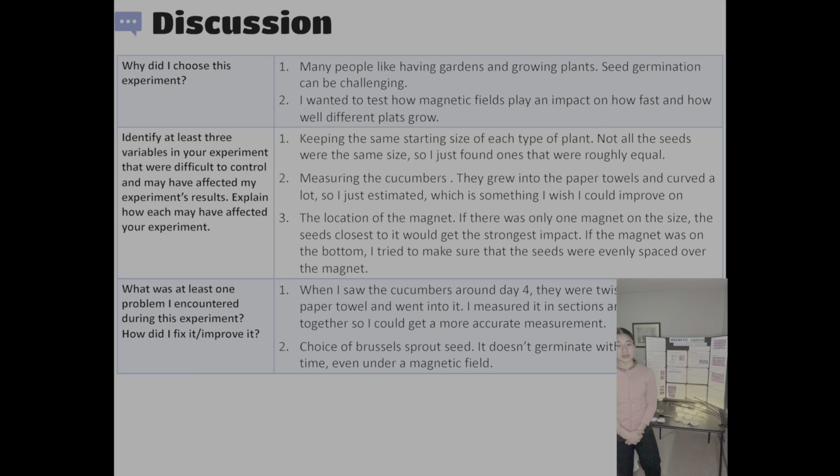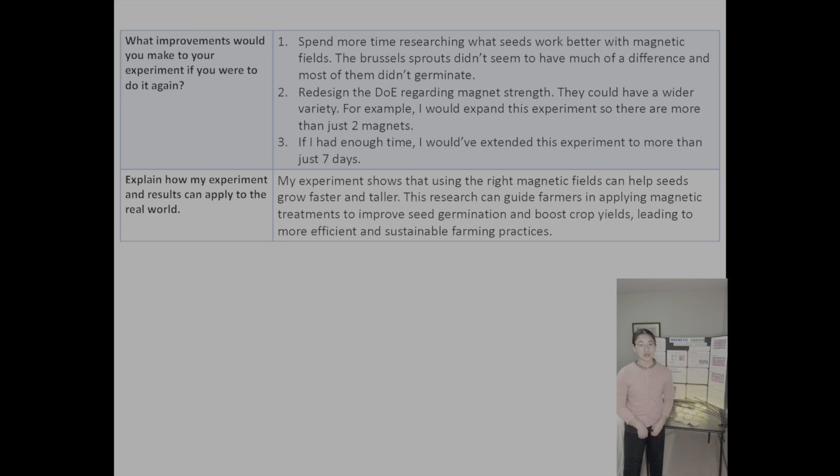So then I did a reflection. There's 2 main points I want to point out. So 1, the improvements. In the future, I'd spend more time researching what seeds work better with what magnetic fields, so I can have better data instead of just a plant that has 2 seeds that sprout.